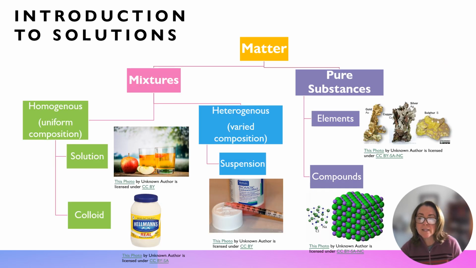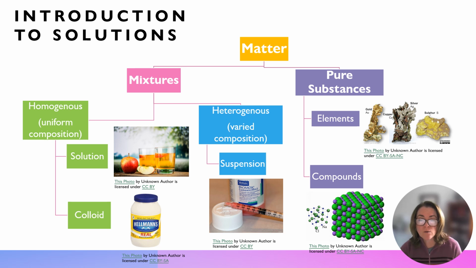All right, and then with this last slide, this is essentially all matter that we've talked about over the course of the semester. So again, matter can be broken down into two general categories: pure substances, which consist of elements and compounds, or mixtures, where you've got homogeneous mixtures that have a uniform composition, and the two that we talked about were solutions and colloids.